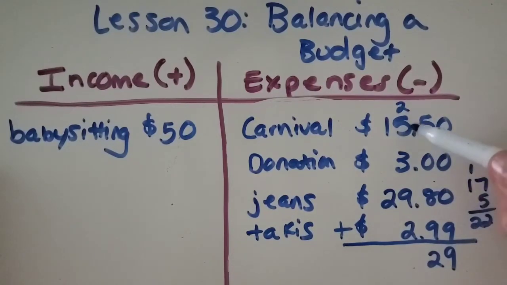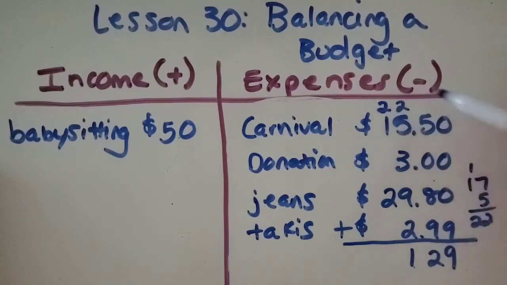Okay, then I'm seeing 5 plus 2 is 7 plus 3 is 10. That's always nice when you get to 10. 19, 20, 21. Okay, I'm going to put that decimal point there. 2, 4, 5. Okay, so I got $51.29 for this person's expenses.